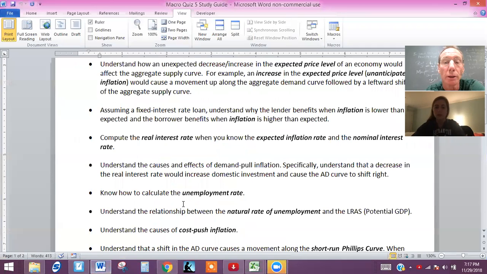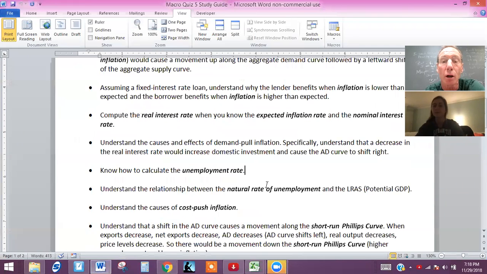All right. Know how to calculate the unemployment rate. We've already talked about that, so that's not hard. Understand the relationship between the natural rate of unemployment and the long run aggregate supply.